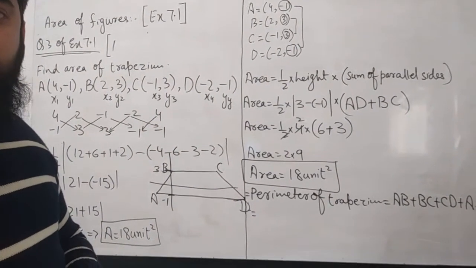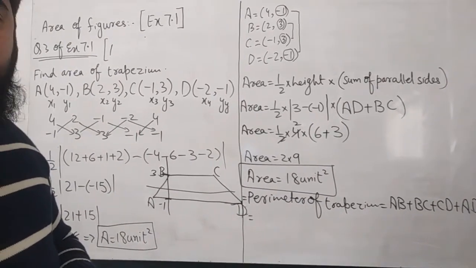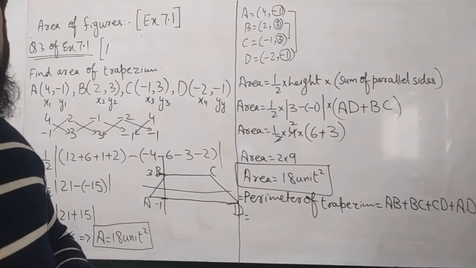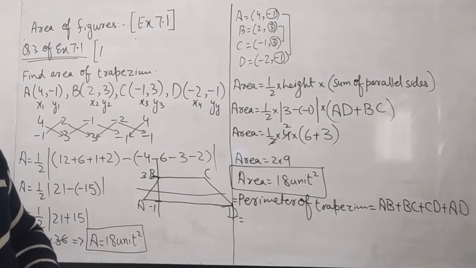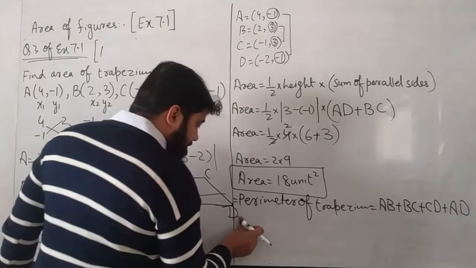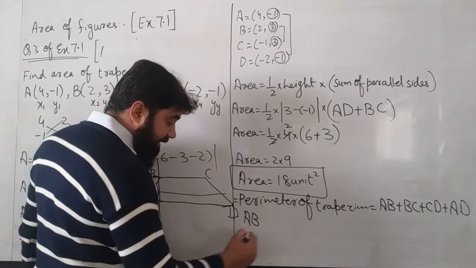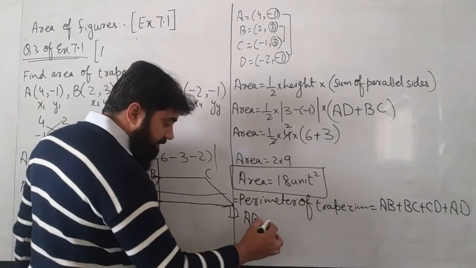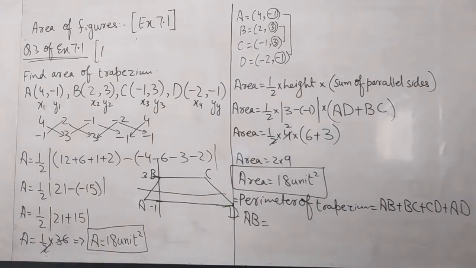I will add all of them to get my answer. You have to use the distance formula to get the value of AB, BC, CD and AD. As you are familiar with them, I am not solving them, I am just writing their answers which I got by using the distance formula.